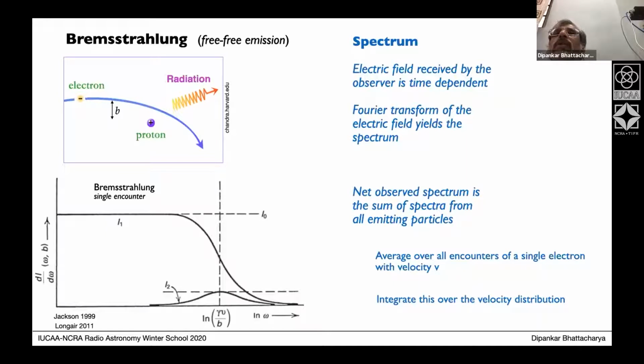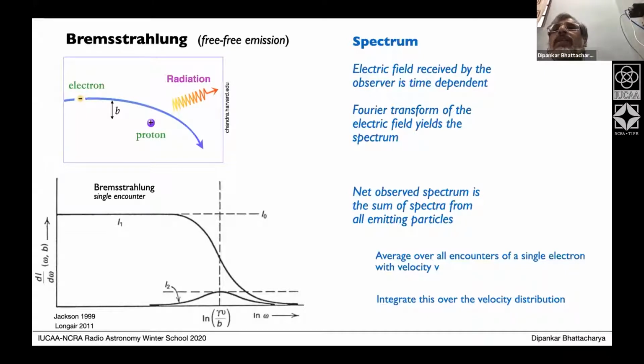So the total time of encounter is about the impact parameter b divided by the speed of the electron, that is v. If the electron is moving relativistically, then you have to multiply a factor gamma to that, so it is b by gamma v, and the characteristic frequency of emission will be the inverse of that.